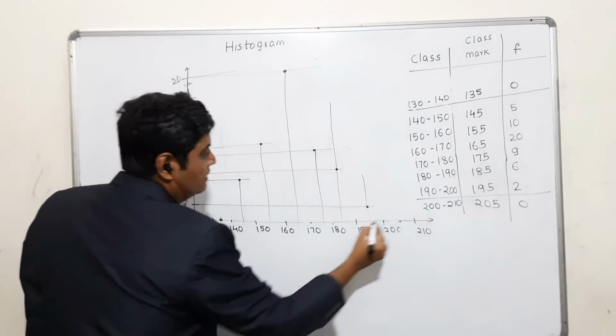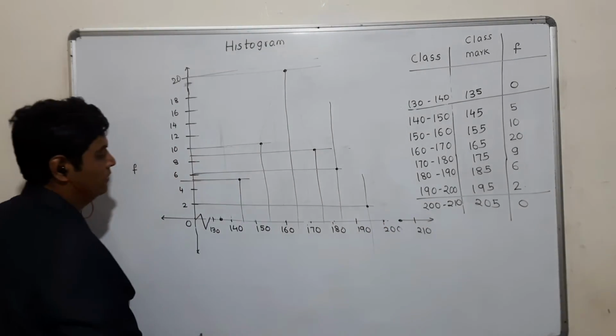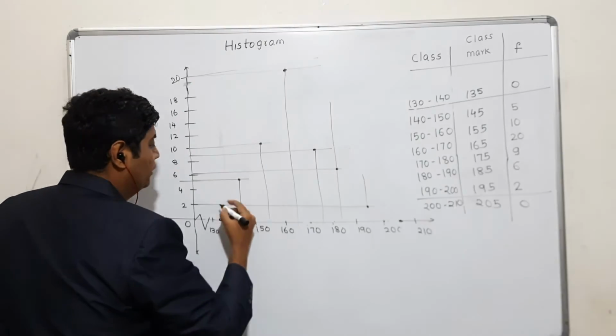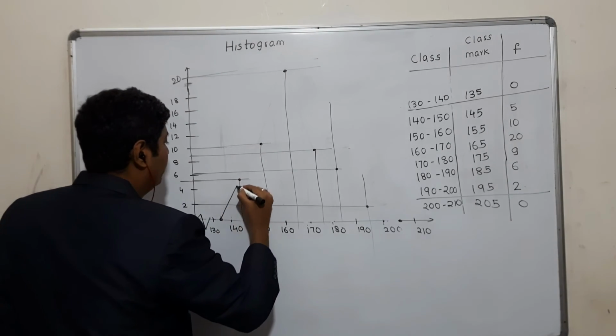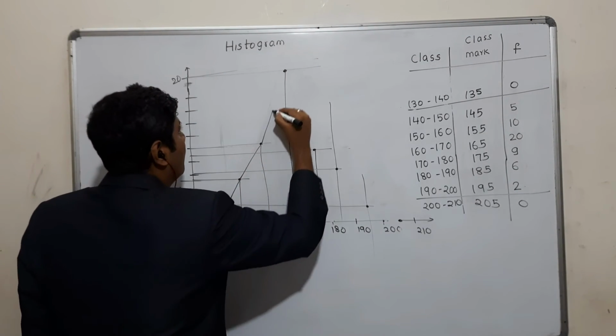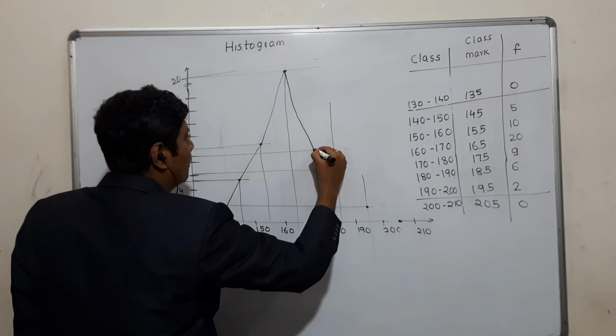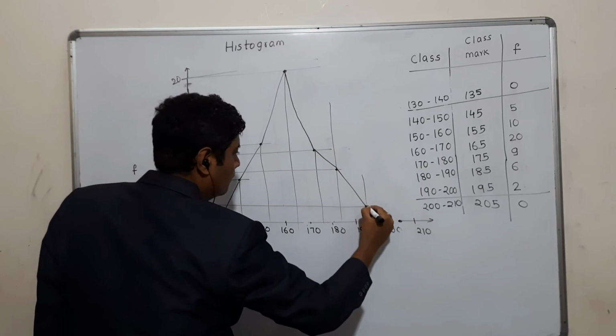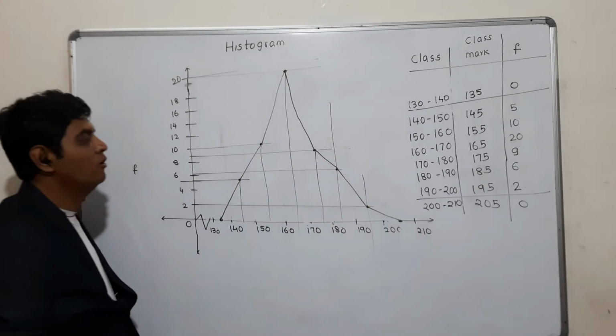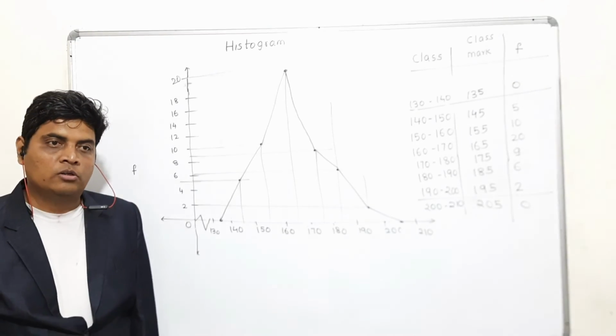And 205 is 0. So these are your points. You have to use a scale and connect them, and this becomes your frequency polygon.